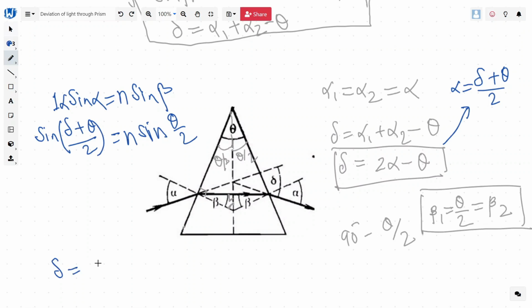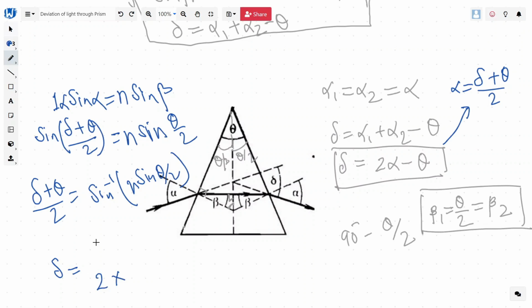So delta plus theta by 2 will be sine inverse of n sine theta by 2, and delta is going to be equal to 2 into sine inverse of n sine theta by 2, and this theta will come this side, so minus theta.